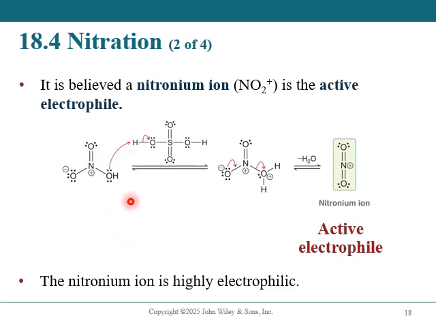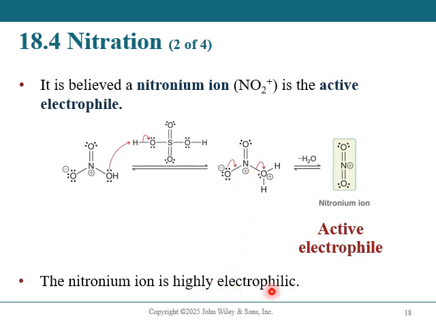You have a protonation step, right? The OH here, the hydroxyl group, not a really good leaving group, but then it does attack a proton from the sulfuric acid, and now you have H2O, which is a much better leaving group, and that leaves you with the nitronium, which is the one that participates in your nitration reaction.